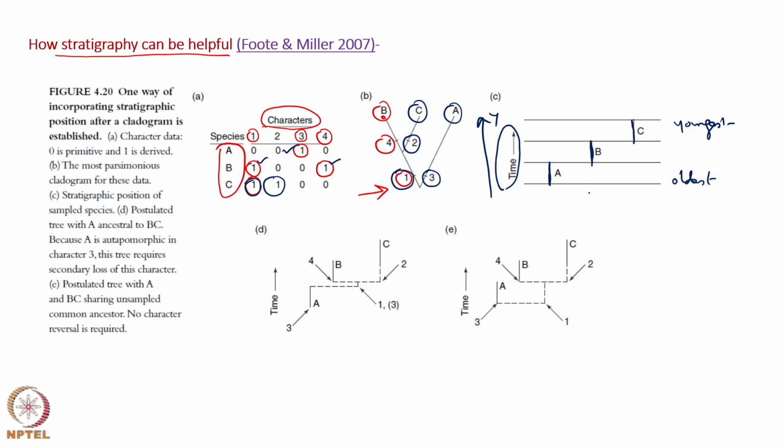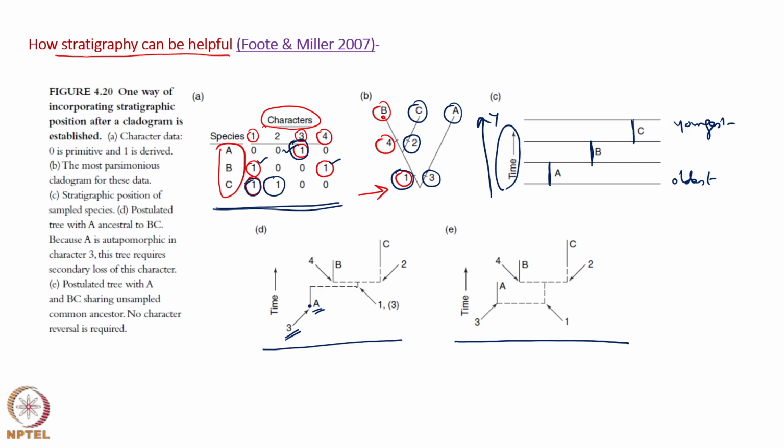There is no superposition of A and B, B and C, nor is there any superposition between A and C. We can have 2 kinds of trees from this single data matrix. Consider A has got character 3, this one is taken care.